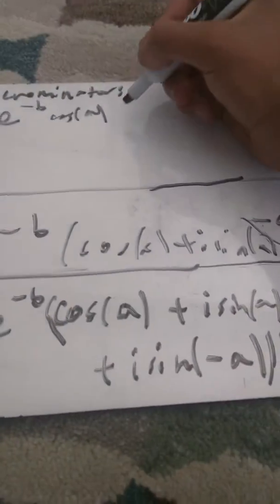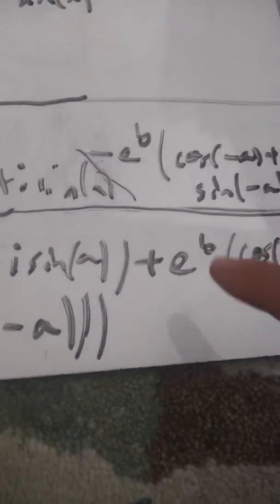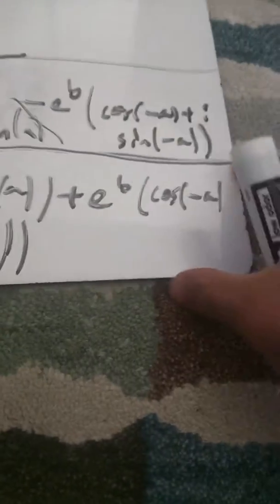And then i and i cancel out, so minus e to the negative b, we still have e to the negative b, sine a. And then we have plus i times e to the b cosine negative a. Cosine negative a is just cosine a, as you know. Sine negative a is negative sine a.